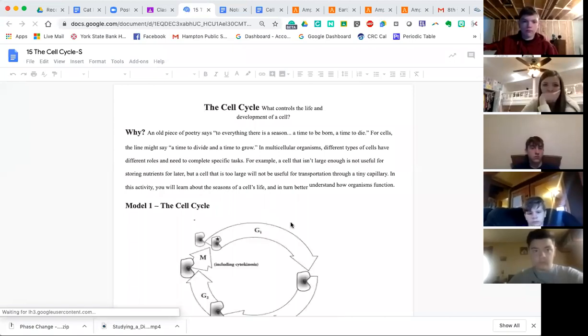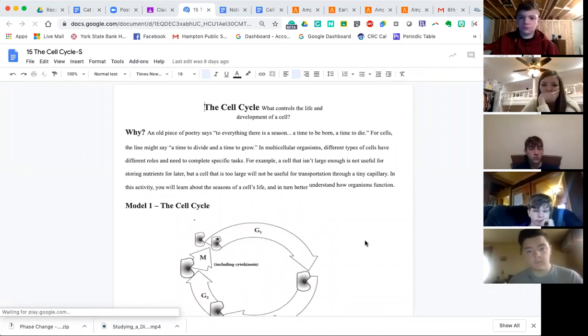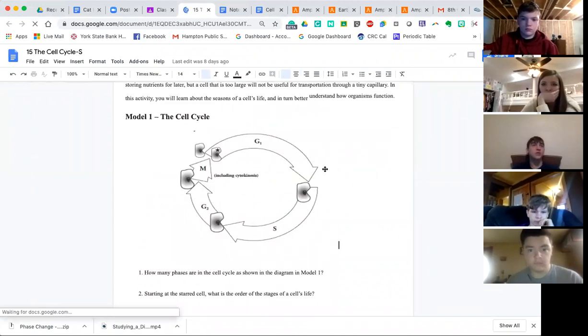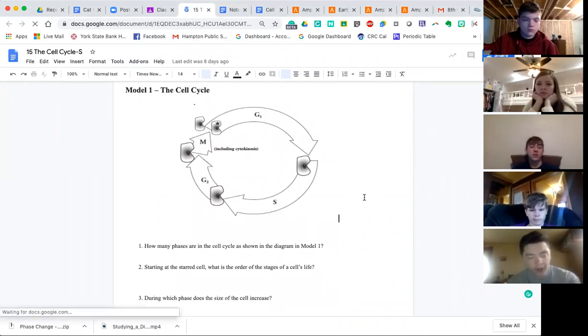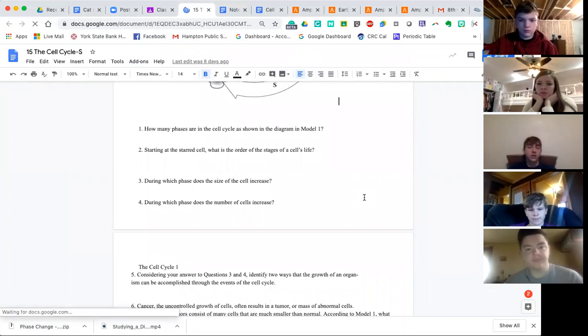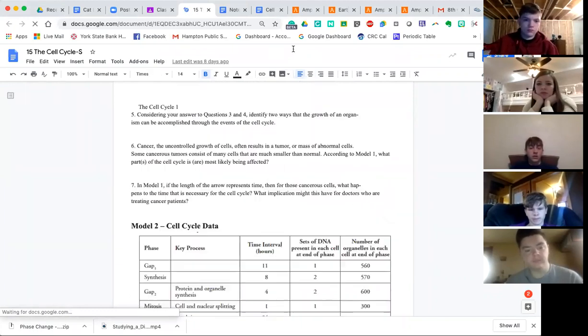It's all about the cell cycle. It has a diagram there of the different phases that were in the notes, the G1, the S, the G2 phase, and then where mitosis and cytokinesis occurs. And then just some questions that you need to do. Okay. So make sure that you're able to get that pogle and get it turned in.